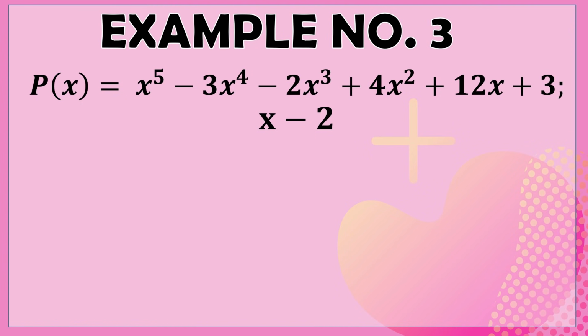So again, ang gagawin natin kay divisor na x minus 2. So we have x minus 2 equals 0. Lipat ulit sa kabila. So x is equal to positive 2. So lahat ng value ng x, lahat ng variable na x kay dividend, gagawin natin or papalitan natin ng positive 2.